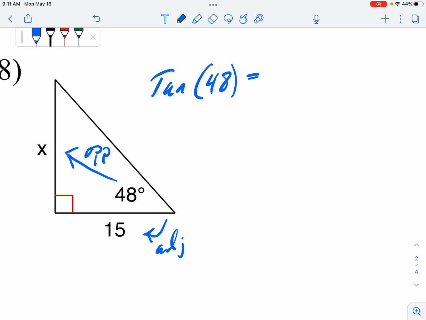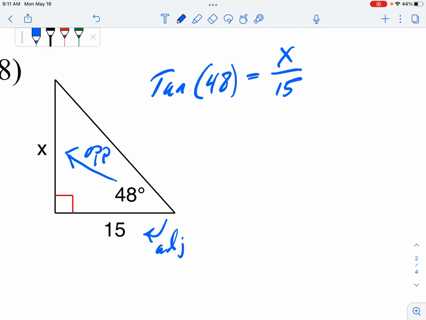Tangent is always the ratio of the opposite side over the adjacent side. So in this case, that's x over 15. And it's really important when you go to do a calculation that your calculator is in degree mode. We're working in degrees. If your calculator is not in degree mode, you will not get the correct answer.